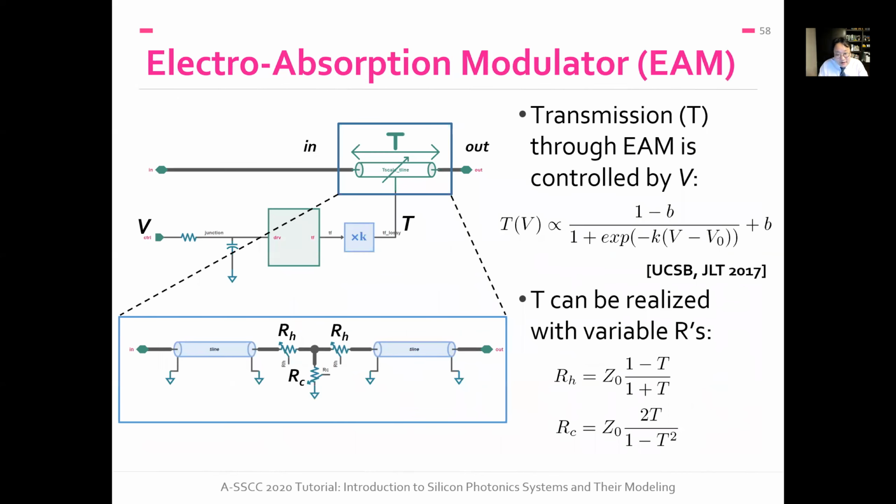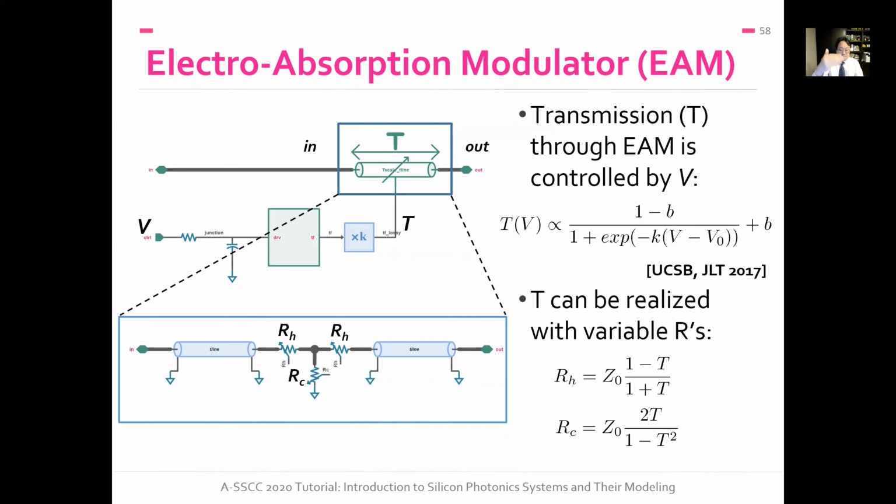I didn't describe this, but there is another element that people consider using. It's called an electro-absorption modulator. This is a special device that can modulate the band gap of the semiconductor by modulating the electric field.